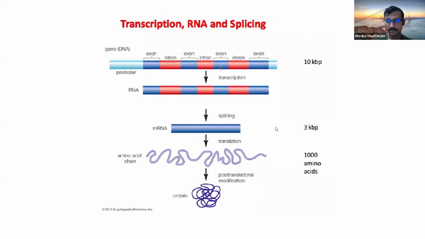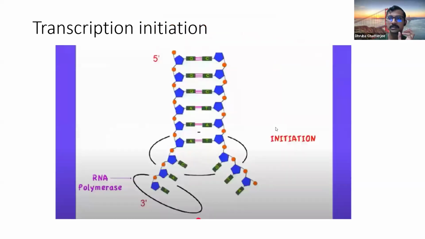So now let's look into the nitty-gritties and the step-by-step sequence of events of transcription, that is, formation of an mRNA transcript from the DNA by a DNA-dependent RNA polymerase.